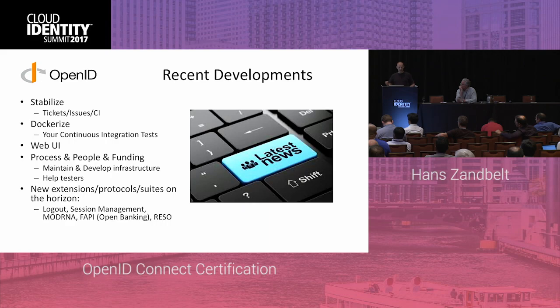There are the profiles that Mike mentioned, like Moderna and FAPI, that are probably interested in getting their own tests in addition to the existing ones. And there's, for example, an organization that deals with real estate that is interested in building out their own program to make sure that all of the participants in that ecosystem run implementations and deployments that match the standard.